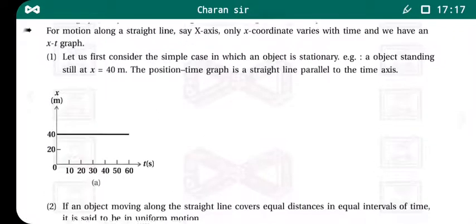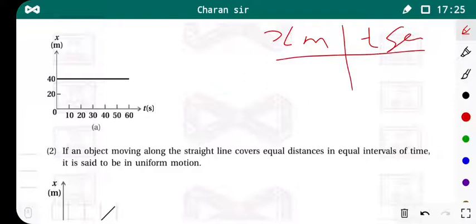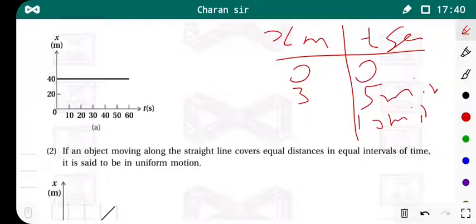Suppose the distance covered by the object is denoted by x, and the time taken by the object is denoted by t. At the initial time, 0 seconds, our object is at point 0. After 5 minutes, our object covers, suppose, 3 meters, and after 10 minutes, the distance is 7.